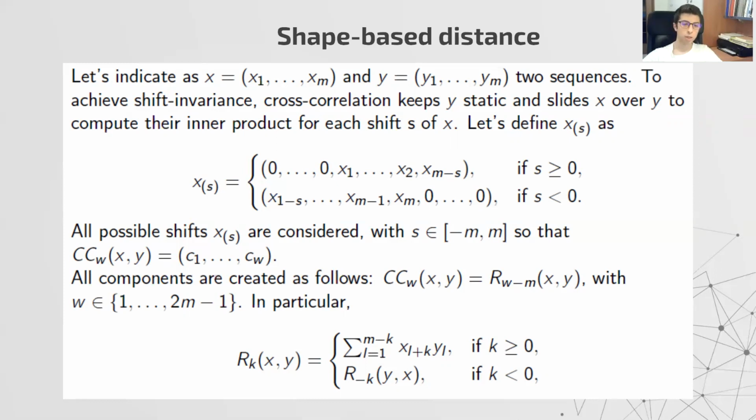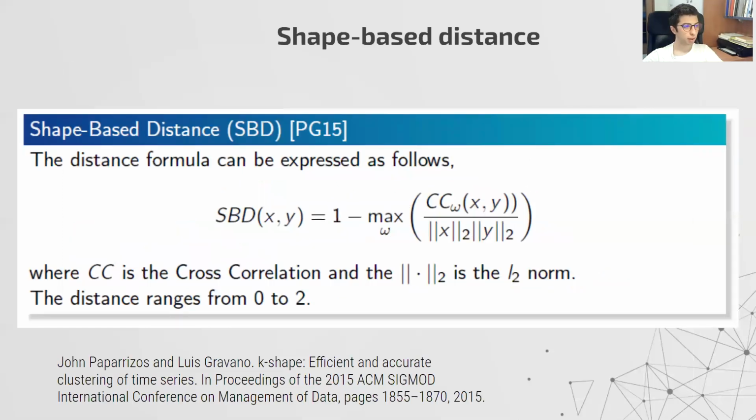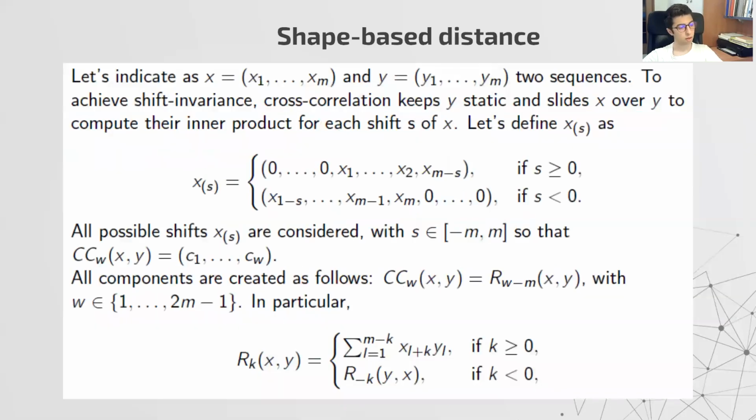If two time series are very similar but are not in phase, as we discussed before, they are aligned in this way by maximizing the omega parameter, and so we can evaluate the right shift of these two time series, and we can evaluate the right distance between these two. So this is the process that we are doing.